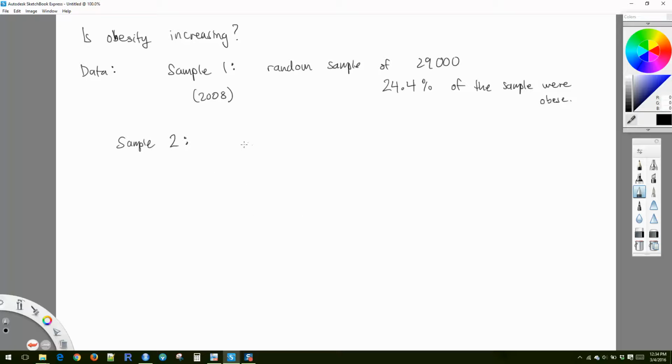Okay. Sample 2 is also 29,000 people. This one has a proportion of 26.7% obese, and this sample was taken in 2013.